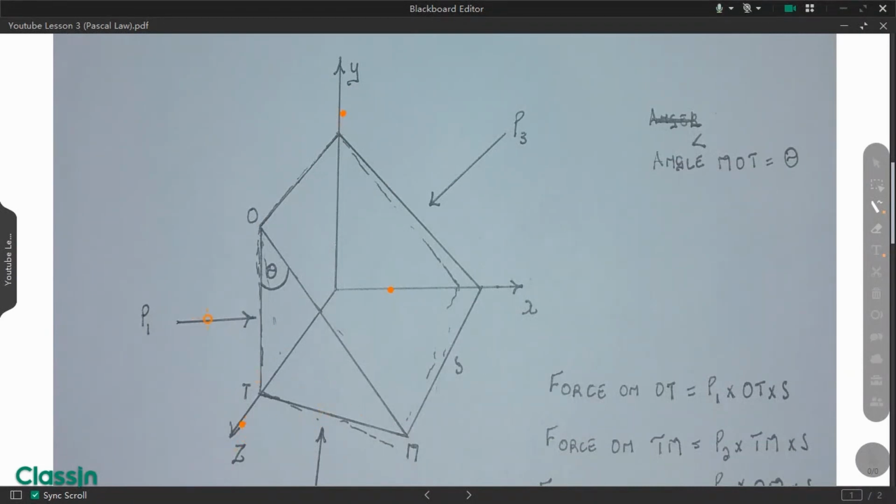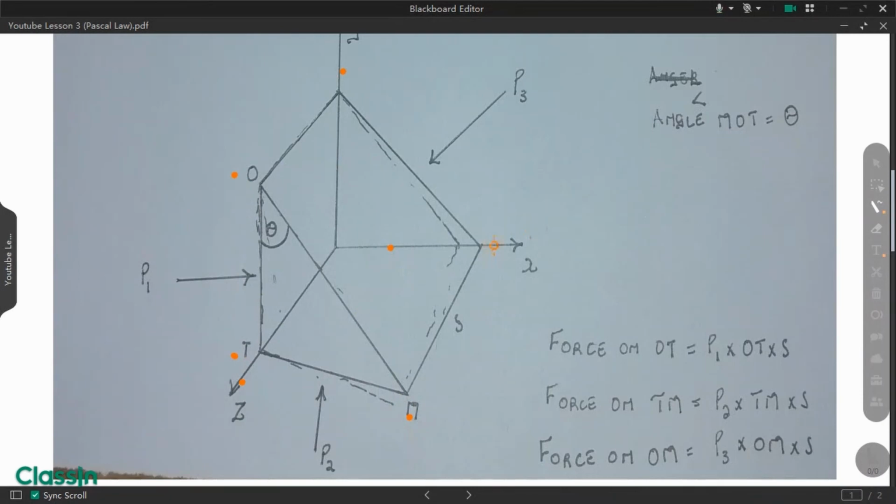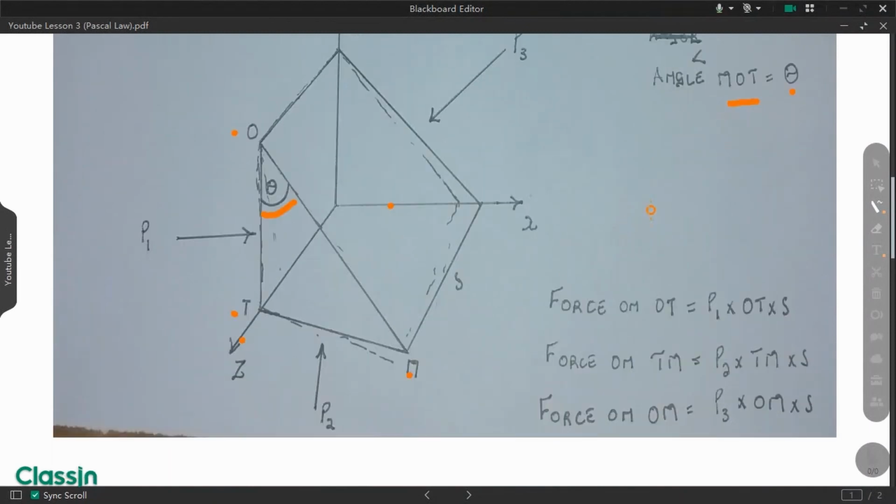This prism-like element has lengths MO, OT, and TM. So these are the lengths on the prism. We're also aware that angle MOT, which is this angle, is equal to theta. Firstly, let's look at the forces on those three different faces.